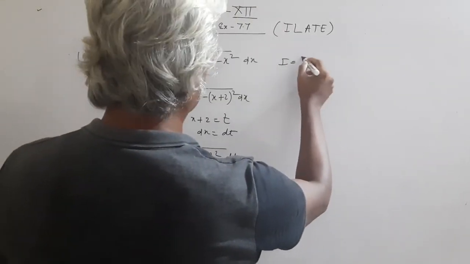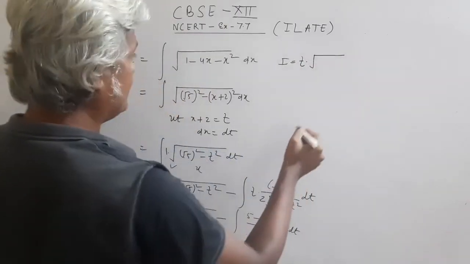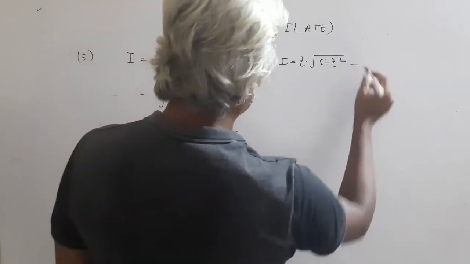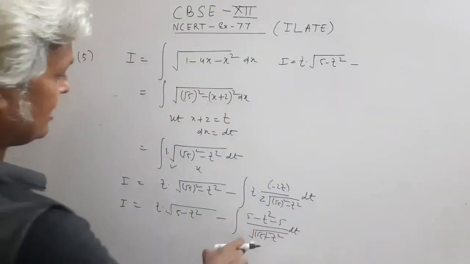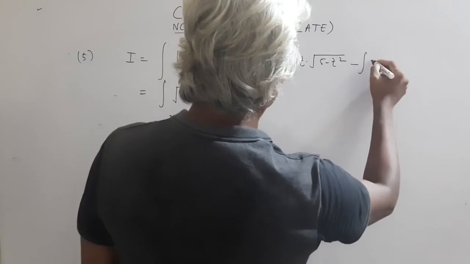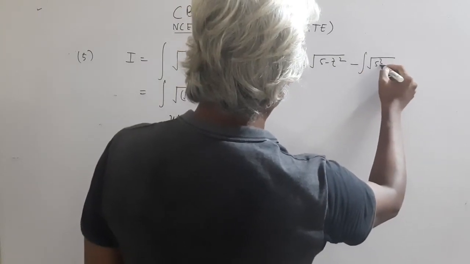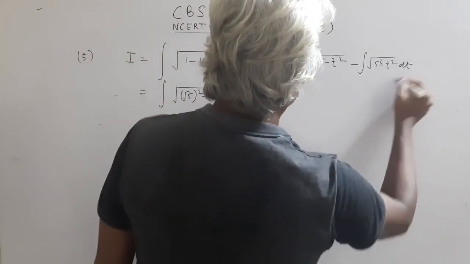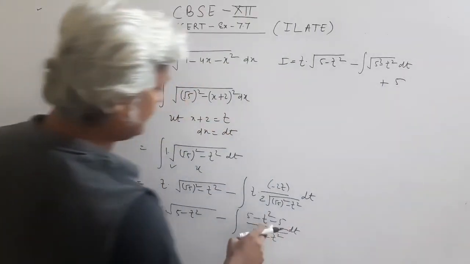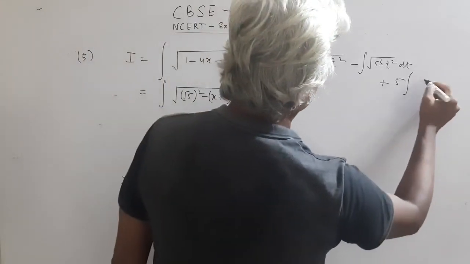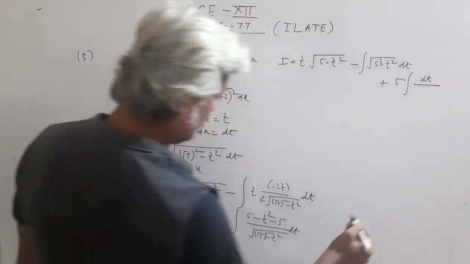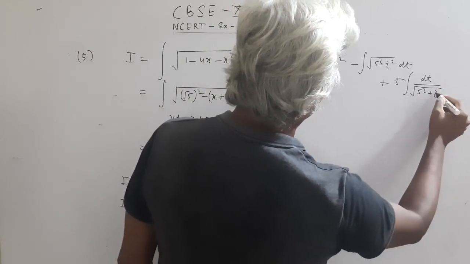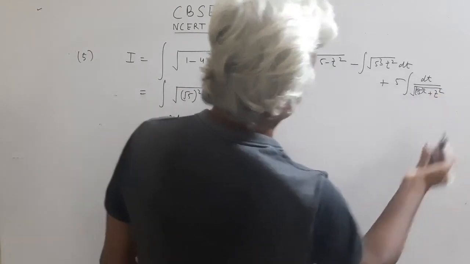So I now becomes t under root 5 minus t square, minus this 5 minus t square over this, which directly gives me the integral of under root 5 square minus t square dt, plus this remaining part gives me 5 outside, dt over under root 5 square minus t square.